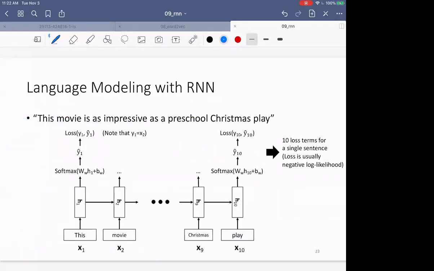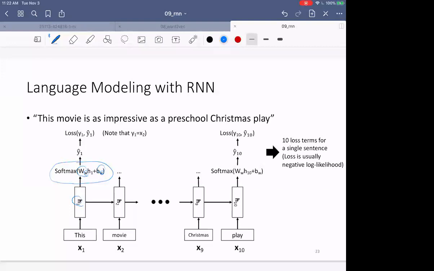So architecturally, it's very similar to what I just said. In order to predict the words at each time step, you need to have the softmax layer at each time step. So given H1, you need to be able to predict which word should be generated at time step 1. So you need W and B. I'm just putting a W subscript to represent word.